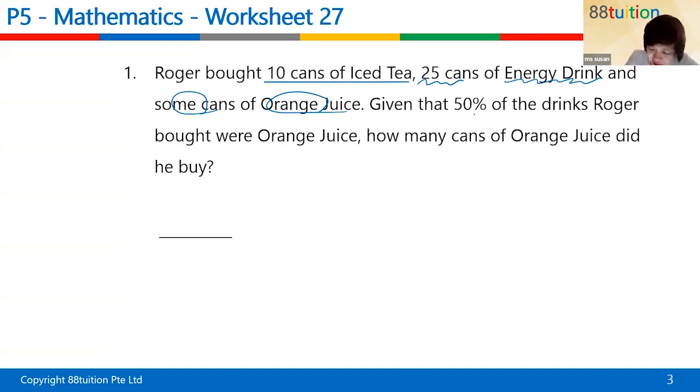All he knows is that 50% of the drinks he bought were orange juice. So when this is 50%, there are two ways you can do it. Either you do it in a percentage, or you do it in the unitary method, or you can do multiplication straight away.